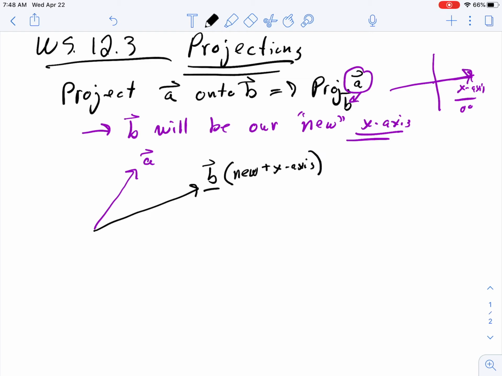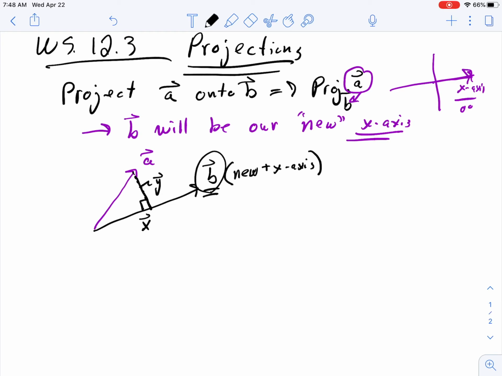So what we're going to do is build all of our components off this. So I'm going to find my x component here and my y component from B.